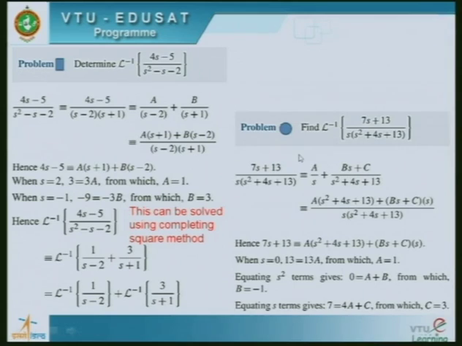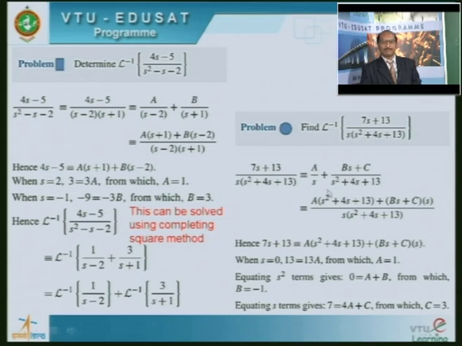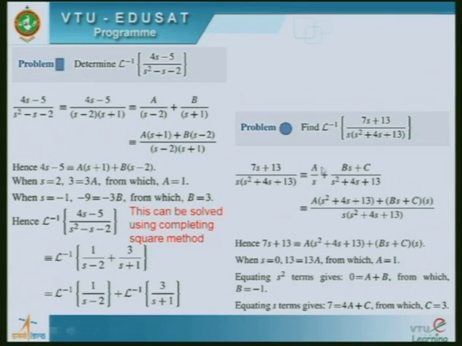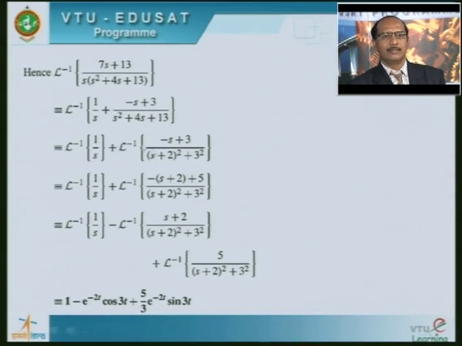See another example here. The numerator is linear, the denominator has one linear factor and the other one a quadratic factor. So, as per the partial fraction method, A divided by a linear factor, Bs plus C divided by a quadratic factor, then multiplying by the denominator. This is the usual procedure to find the A, B, C values.